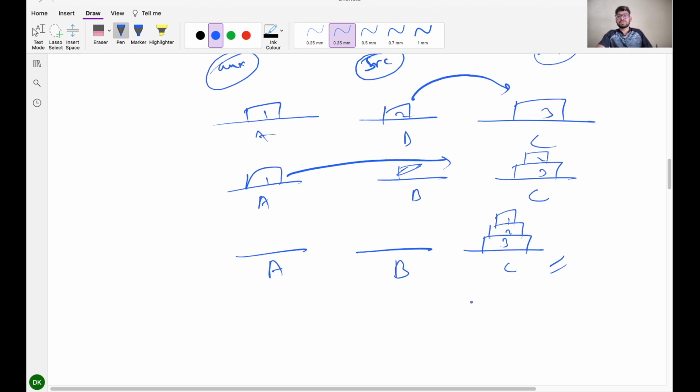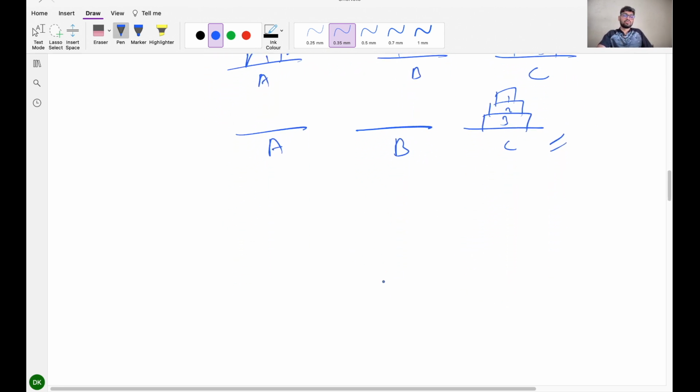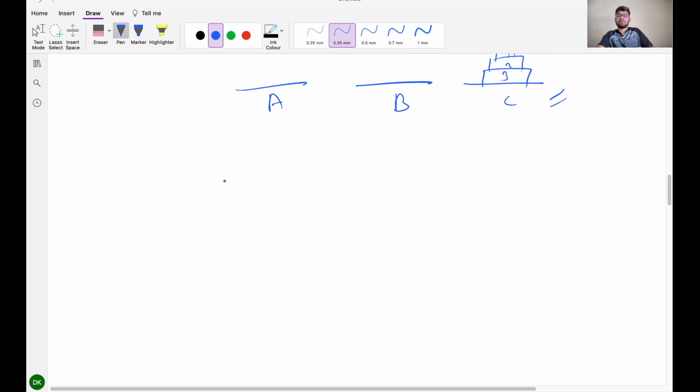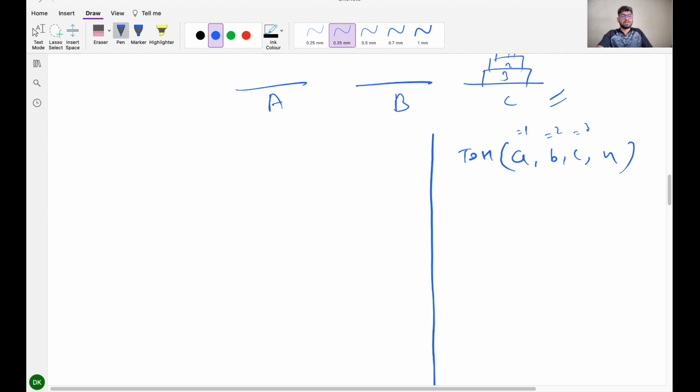Okay, so let's try to write pseudocode for this particular problem. I am writing over here. This is my TOH function, and I have A, B, C and N. Initially A is 1, B is 2 and C is 3, and N is the number of disks.